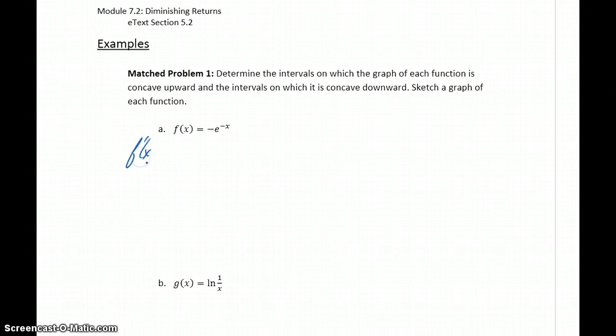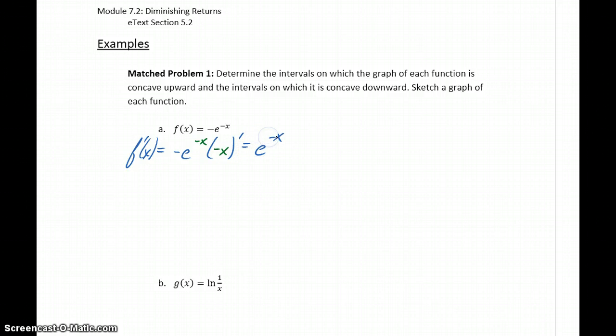So given negative e to the negative x, here we have a composite function. So the derivative of this is going to be negative e to the negative x times the derivative of negative x. Derivative of negative x will just be negative 1.